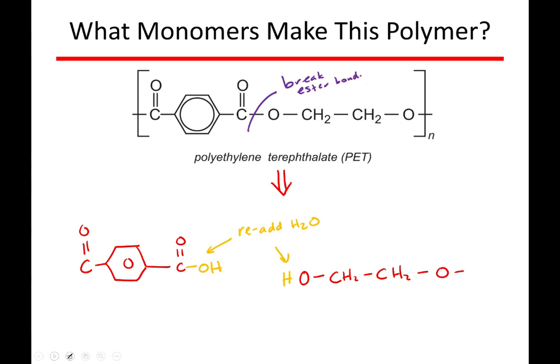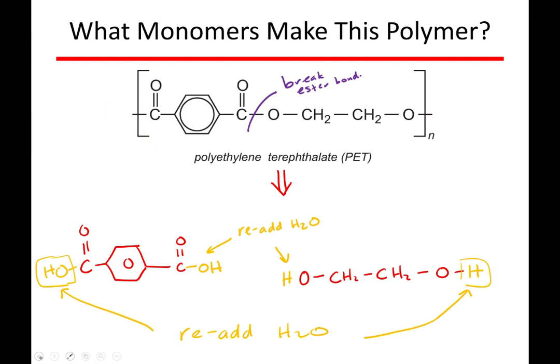And so you have to add one more water here by regenerating this carboxylic acid functional group and that alcohol functional group. So this represents another water molecule that gets re-added right here. So we had to re-add water twice. You have to do it here to break up the two components of the monomer unit, and you also had to re-add the water when you break the monomer unit from a neighboring monomer unit.